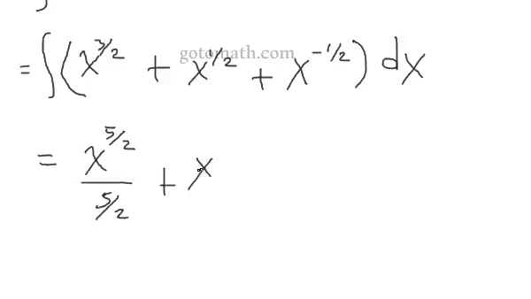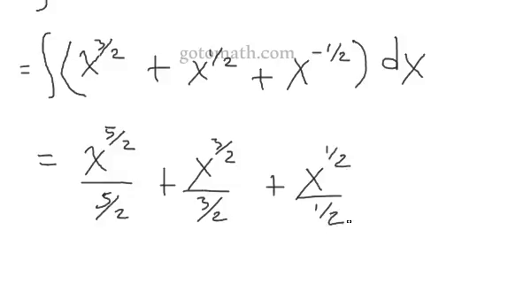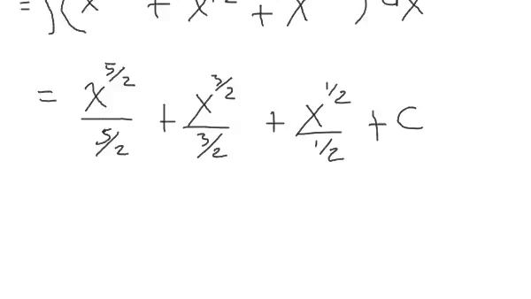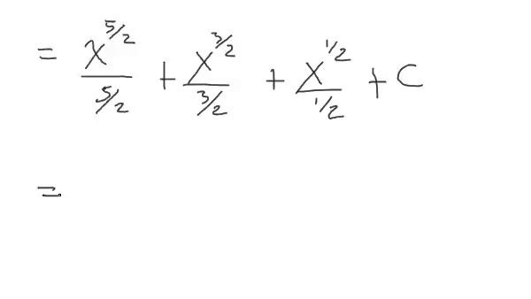Plus, add 1 to 3 halves, and you get 5 halves, right? Plus, and then we add 1 to the half, and you get 3 halves, and then put the 3 halves down here, and then plus c.